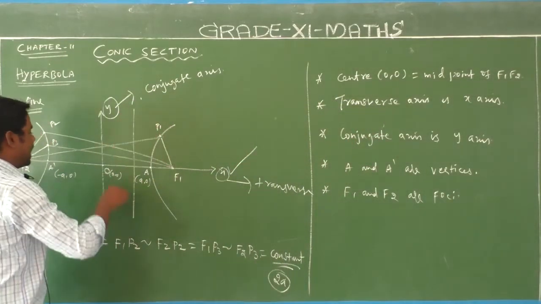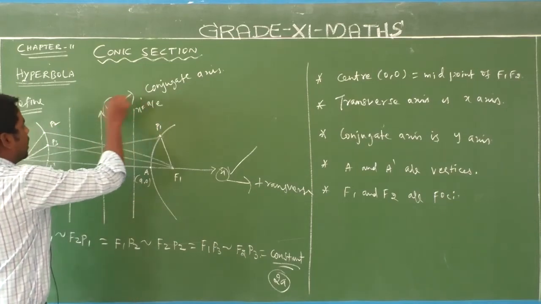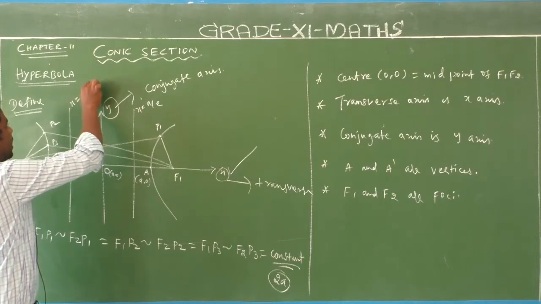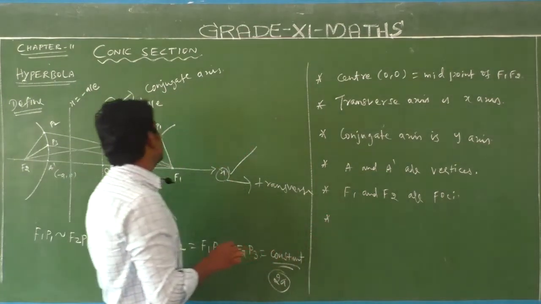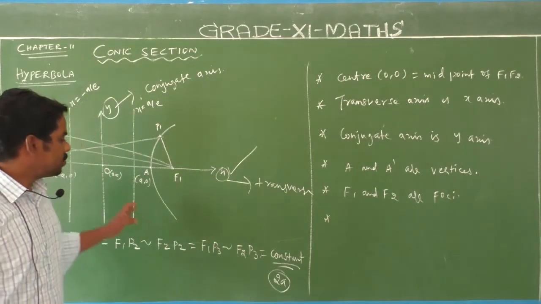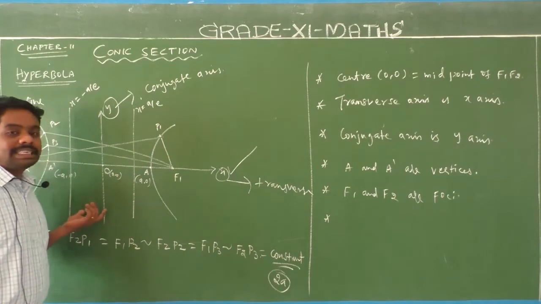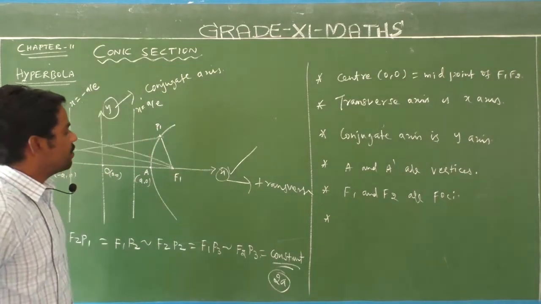And the two fixed lines are x equal to a by e and x equal to minus a by e, that is, x equal to plus or minus a by e. These two fixed lines are called the directrix of the given hyperbola.